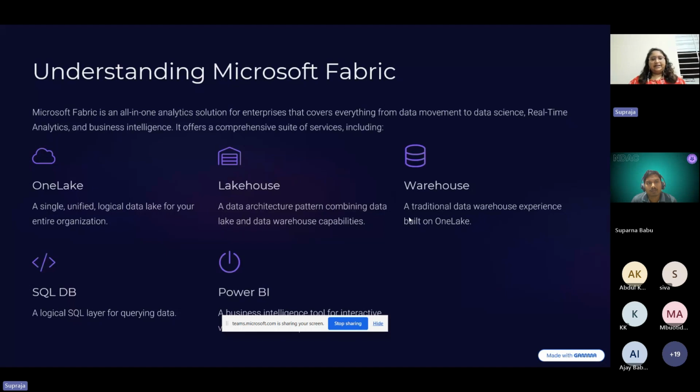If you want to pull the data into a warehouse, a warehouse is nothing but our databases, so it has the structured data. In the same way, Power BI can also pull the data. You don't need a copy of data anywhere. Everything lies in Delta Parquet form inside the OneLake.